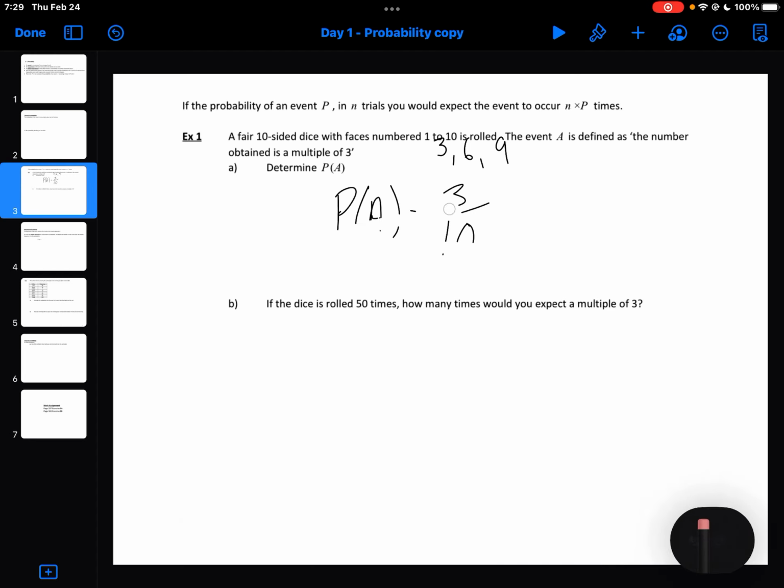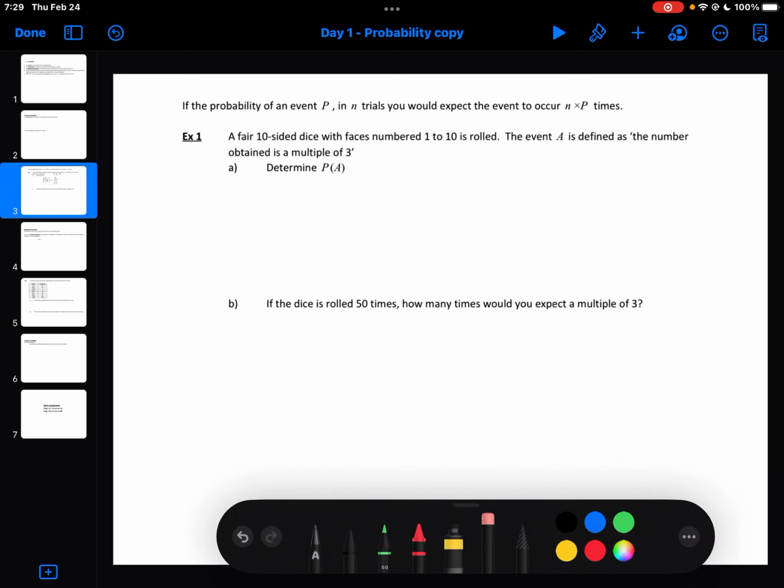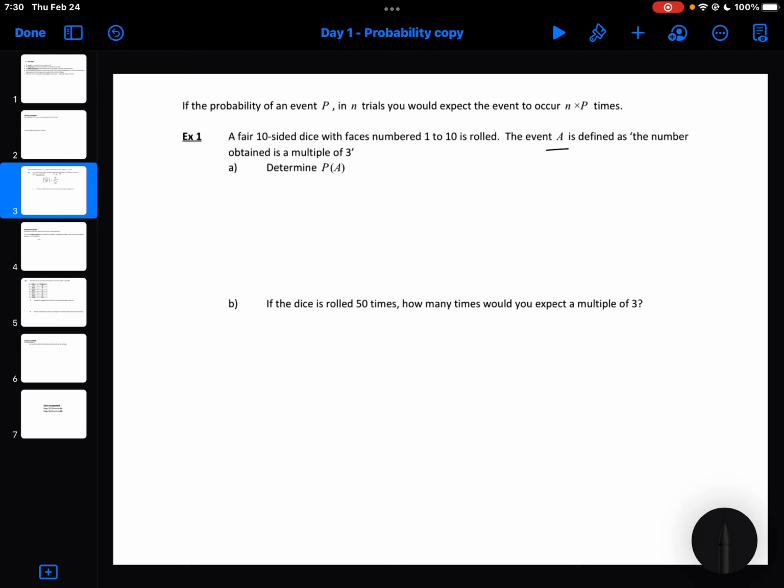In theoretical probability, we also want to talk about an expected value, so how many times you would expect an event to occur. Let's take a look at this example. We're now looking at a 10-sided dice with faces numbered 1 to 10. The event A is that the number obtained is a multiple of 3.